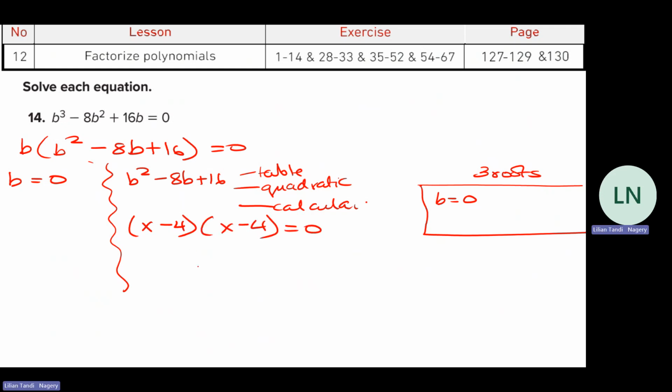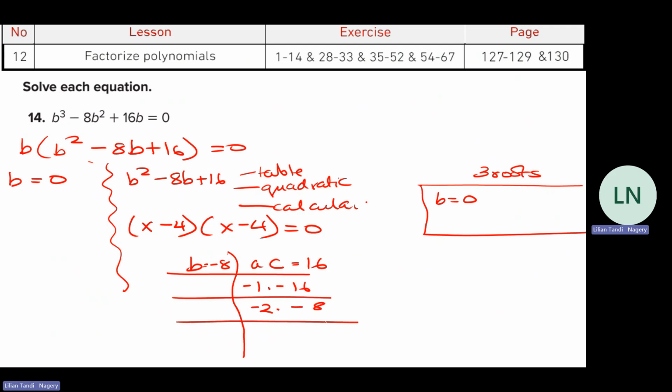Me, I did the table. This is my B, and this is my AC. My B is -8, my AC is 16. So I did -1, that's -16, -2, that's -8, -4, that's -4, and when I add them, it gives me -8.